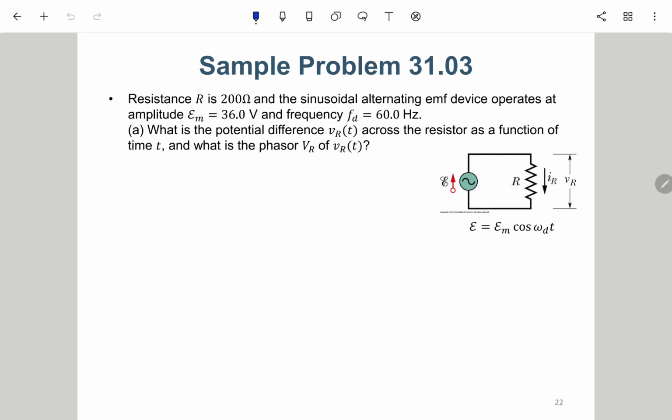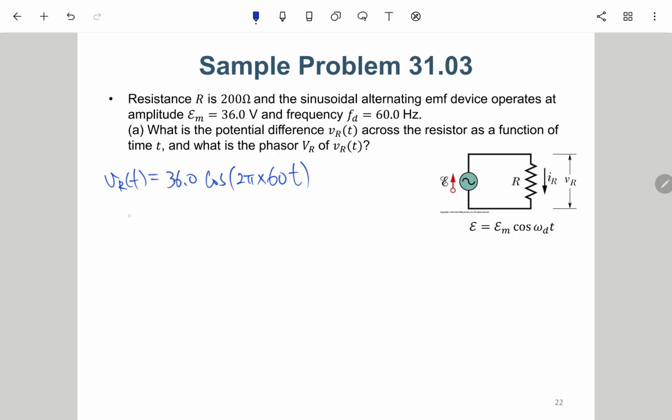This alternating EMF is directly connected to the resistor, so V out of t is nothing but E equals EM, 36 cosine of omega t. So this is 36.0 cosine, and omega d is the angular frequency, so we need 2 pi times 60. 2 pi f will be the angular frequency, and then t.